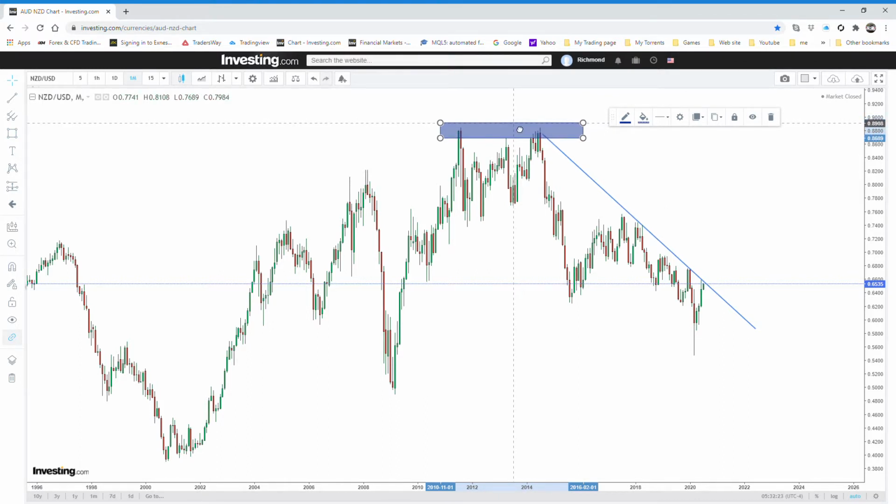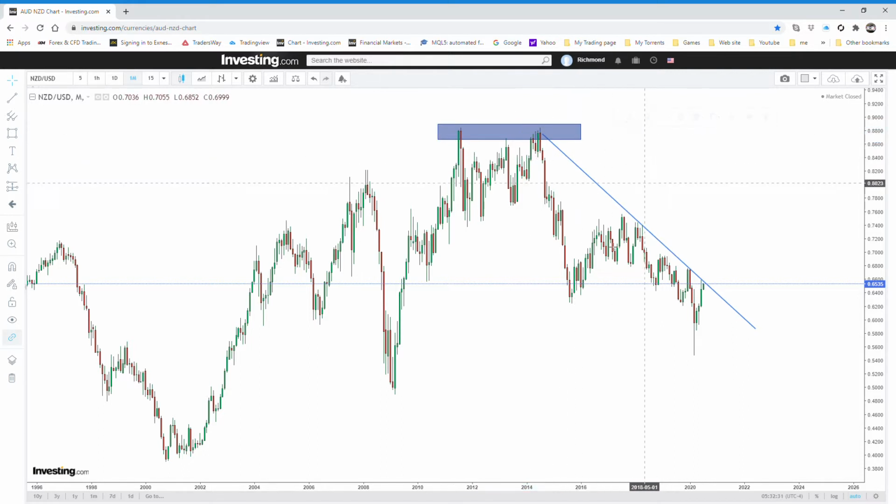Even if somebody sends you signals, sometimes just take your time to analyze why they are saying that, why it looks like that. So we get a double top at the top here. If you can see, we have a double top here. Double top meaning this was the first test.